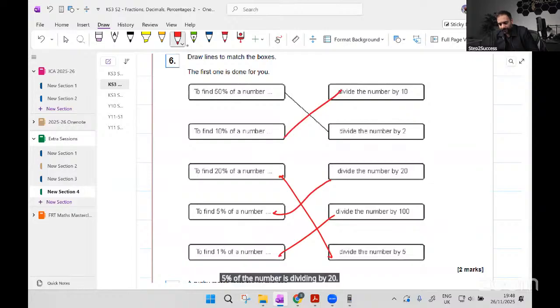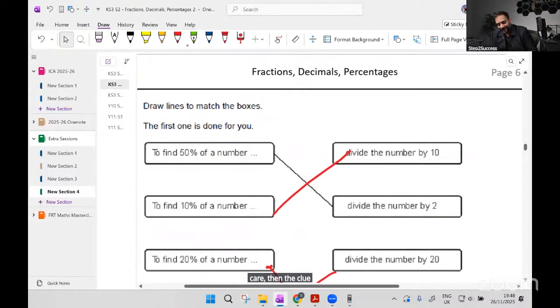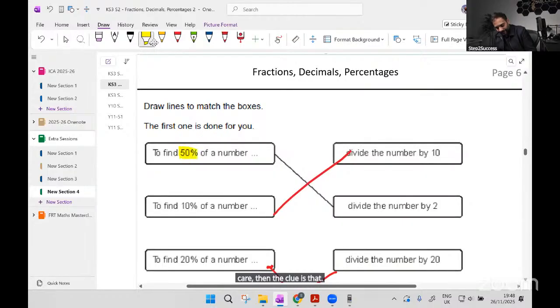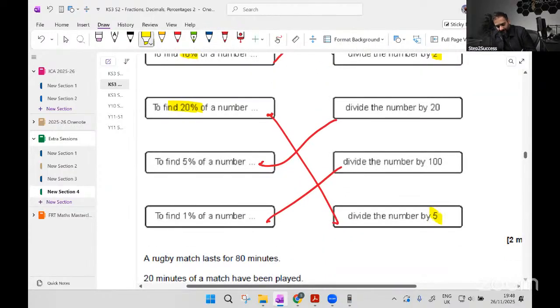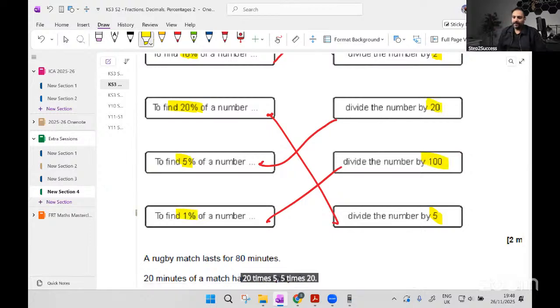If you care, then the clue is that this number and the number it matches with multiply to give 100. 20 times 5, 5 times 20, 1 times 100. If that's what you wanted to do.